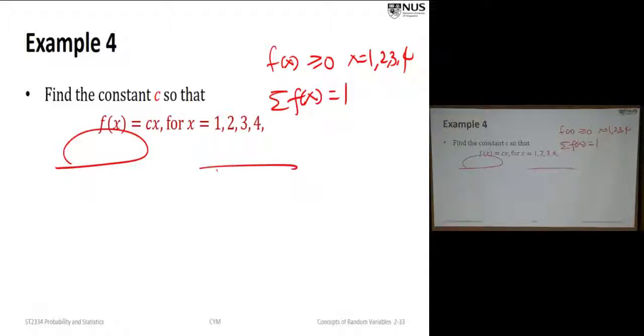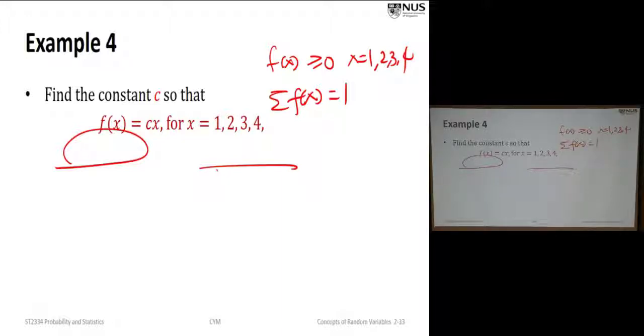Okay. In the last lecture, we talked about probability function for discrete random variable. First of all, we talked about random variable. We also talked about discrete random variable, which means that the possible values of x are countably infinite or finite.